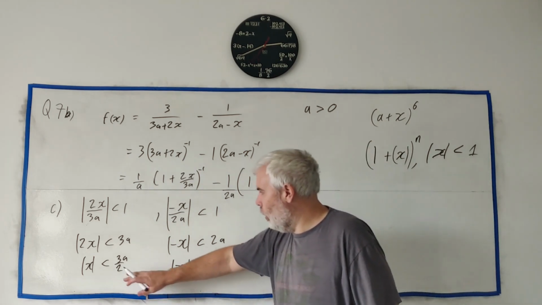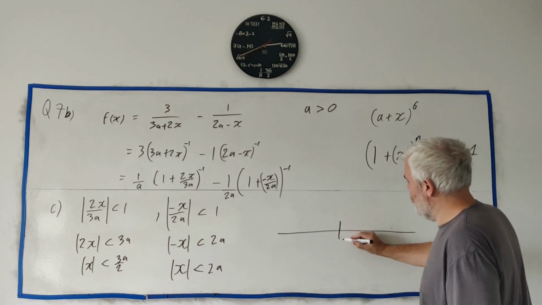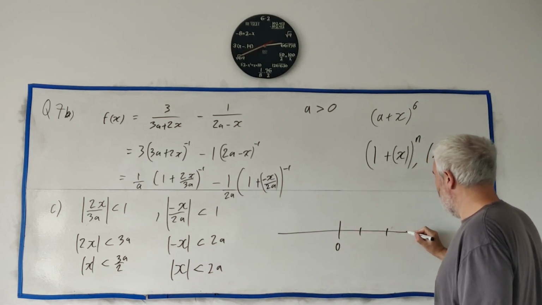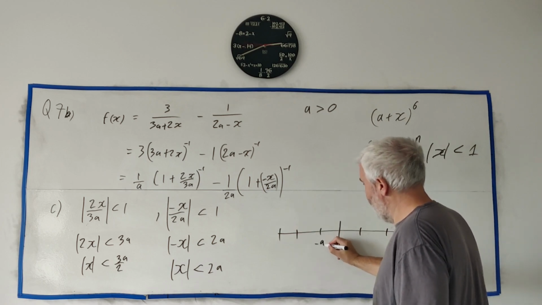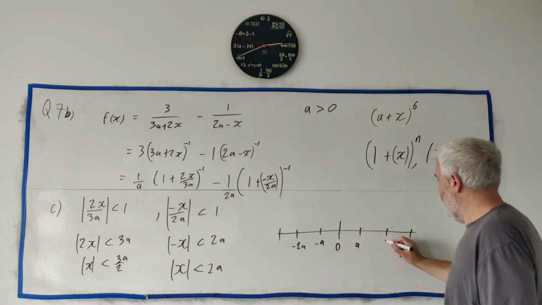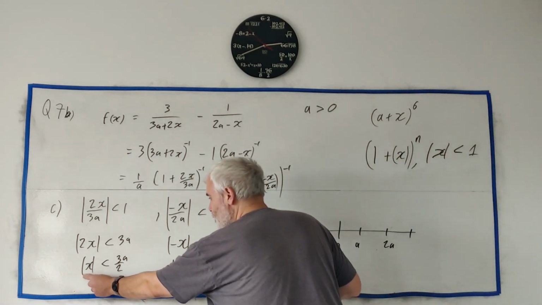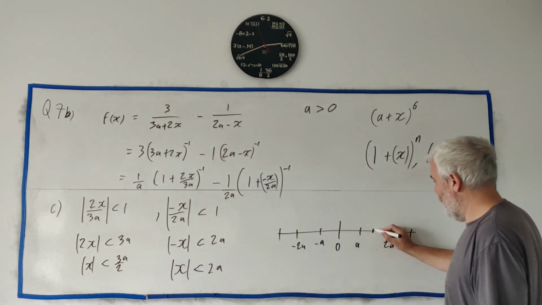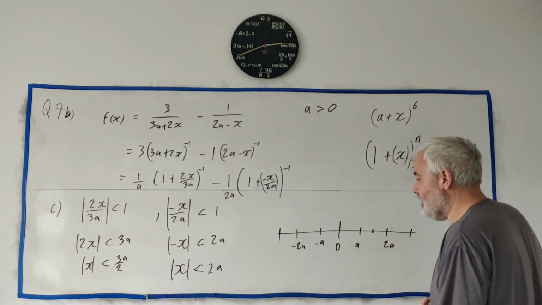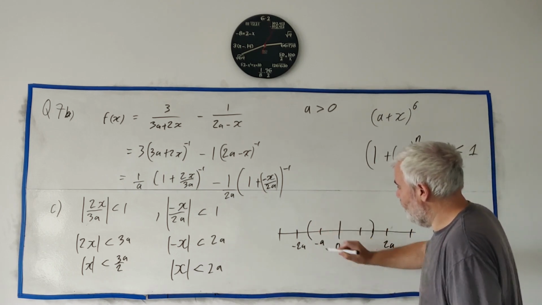If you don't see what they're saying right now, let me draw them on a number line. We'll go 0 here, a, 2a, 3a, sorry, minus a, minus 2a, a, and 2a. This one here is saying that the absolute value of x has to be less than 3a over 2. That's around here. So x has to be less than this or greater than the minus number.